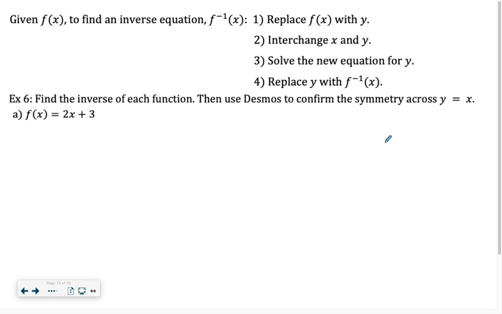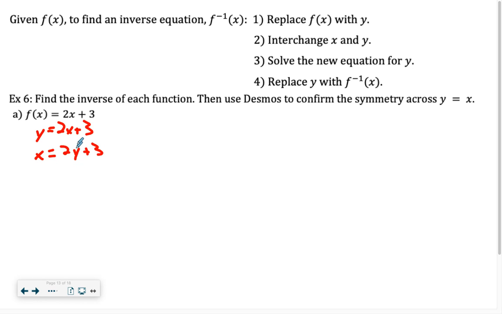Let's go through a couple of examples. Let's say that we first want to find the inverse of 2x plus 3. So we want to find the function that undoes this function. Let's go through our steps. Replace f of x with y, so y equals 2x plus 3. Then switch all the x's and the y's, so then I'll have x equals 2y plus 3.